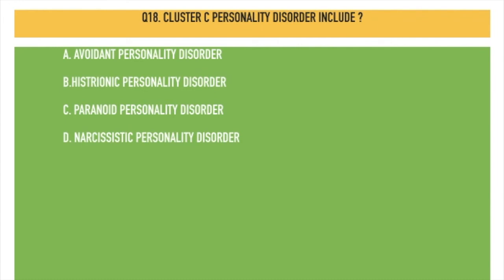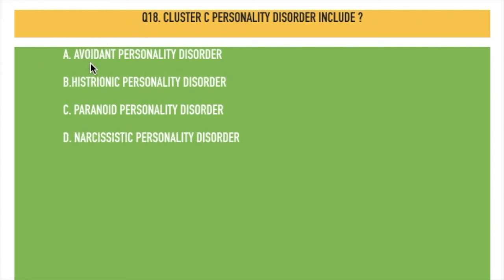First let's see what the answer is for this question. Cluster C personality disorder is seen in option A, avoidant personality disorder.